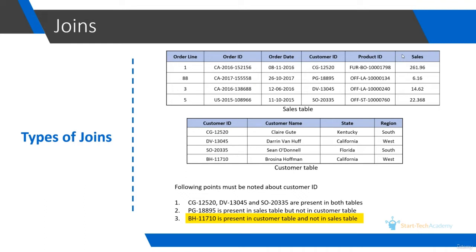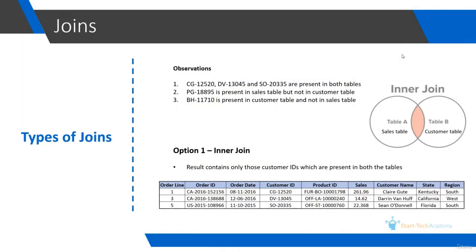Now we have four options here which results in four types of joins. The first option is that in the result we get only those results for which customer ID is present in both the tables. So in the first point we have these three customer IDs which are present in both the tables. So in the result we will get only these three customer IDs and all the data from both the tables.